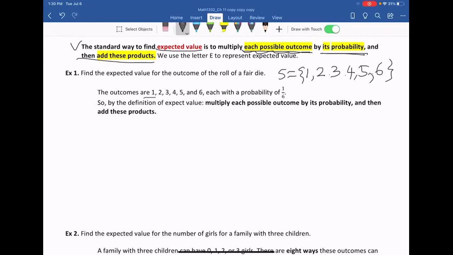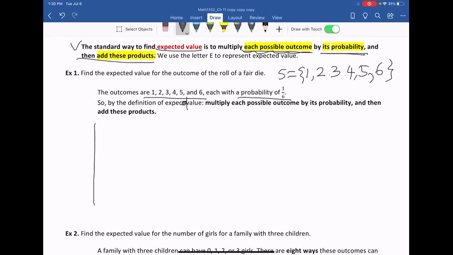So these are all the outcomes, each with the probability of 1/6. So by the definition of expected value, multiply each possible outcome by its probability and then add these products.